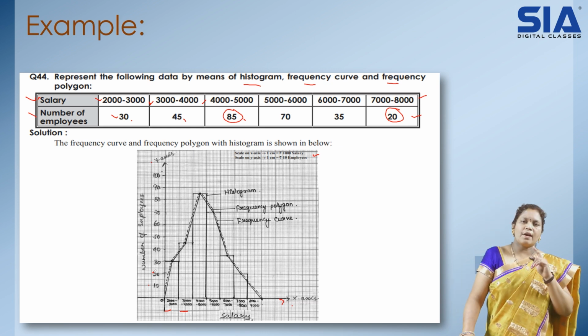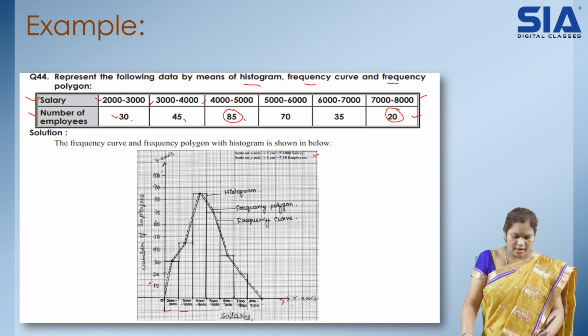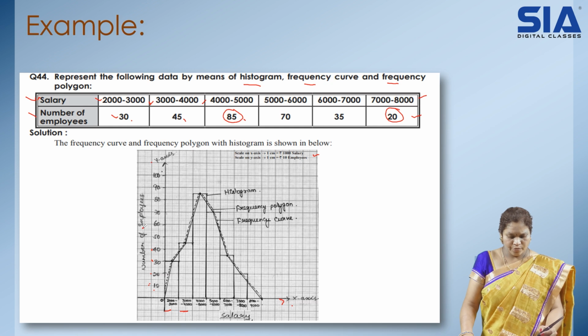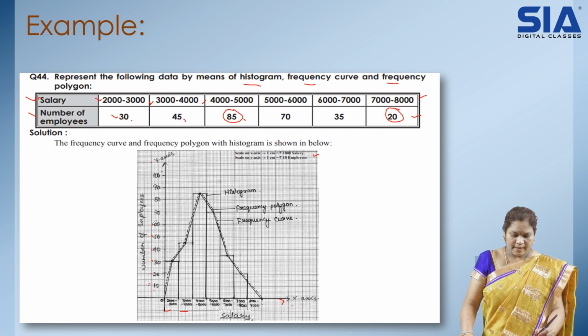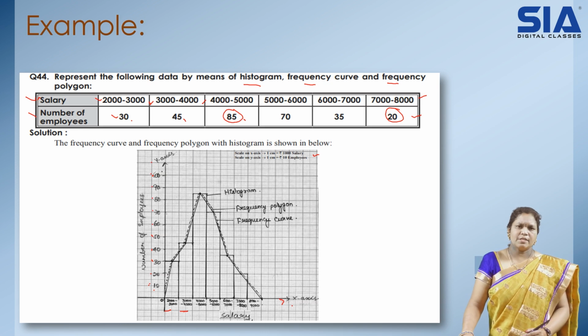So we have to take the same range for the coming values: 0 to 10, then 10 to 20, 20 to 30, 30 to 40, 40 to 50, 50 to 60, 60 to 70, 70 to 80, 80 to 90, and 90 to 100. 90 to 100 is not required, just a graphical presentation. So we have considered up to 100. You can stop at 90 also.